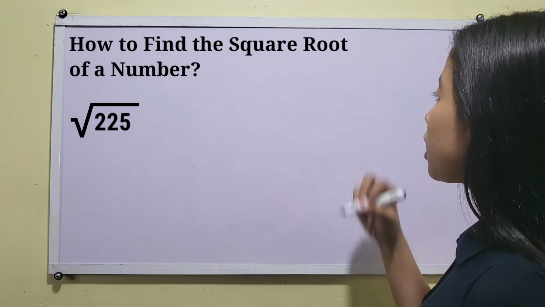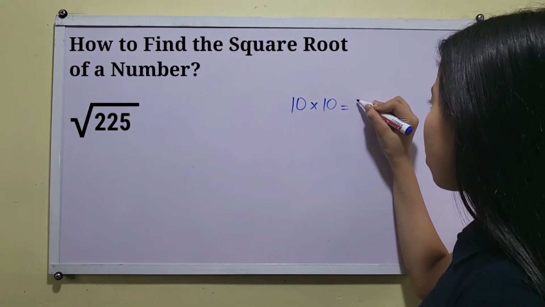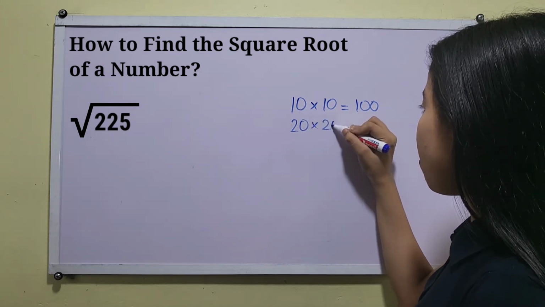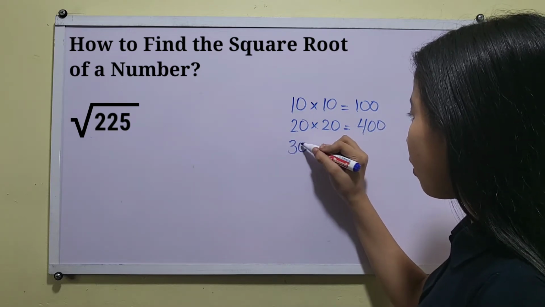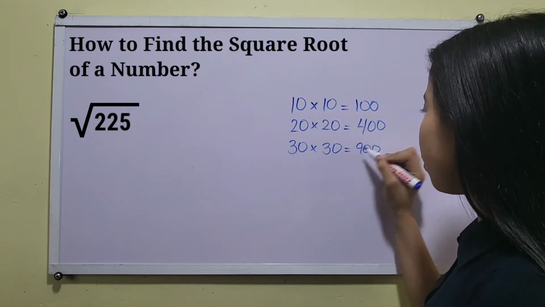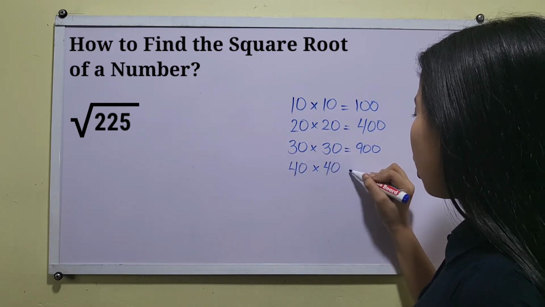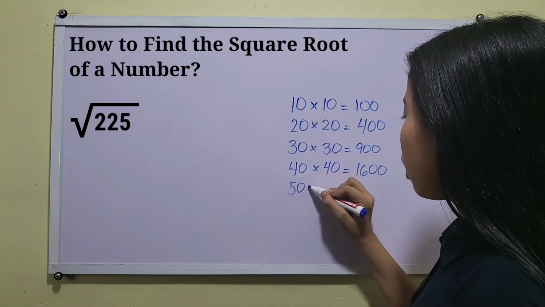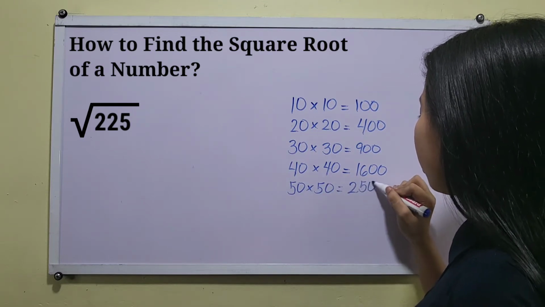Before that, write this. So we have 10 times 10 equals 100. 20 times 20 equals 400. 30 times 30 equals 900. 40 times 40 equals 1,600. 50 times 50 equals 2,500.